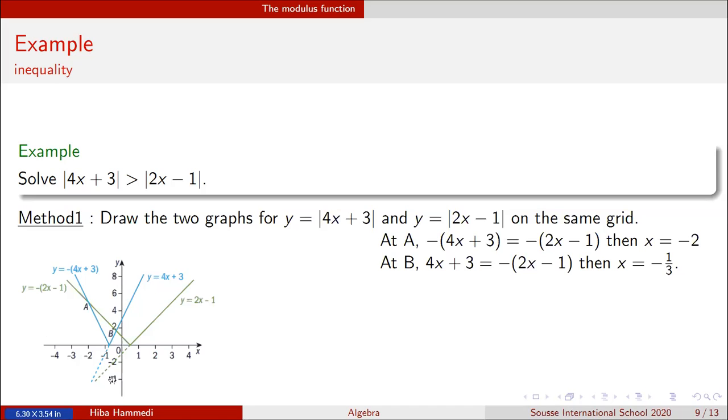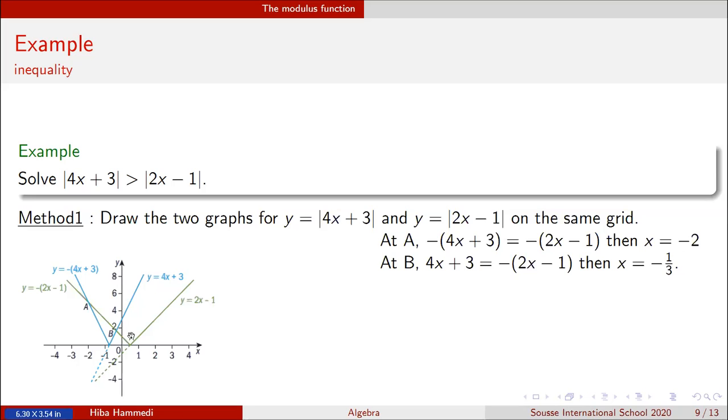So this is why the expression of the function is minus 4x plus 3, and the same thing happened for the other function, 2x minus 1. So this is a reflection of the line here, right? So at A, I have the equality of the 2 graphs there, so I can solve that. I can get the exact value of A, right? So doing that, I will get that x is equal to negative 2.